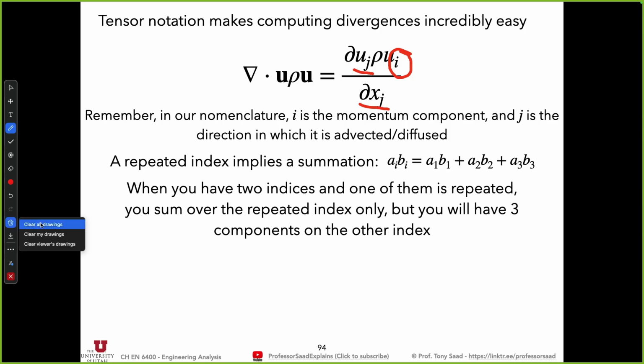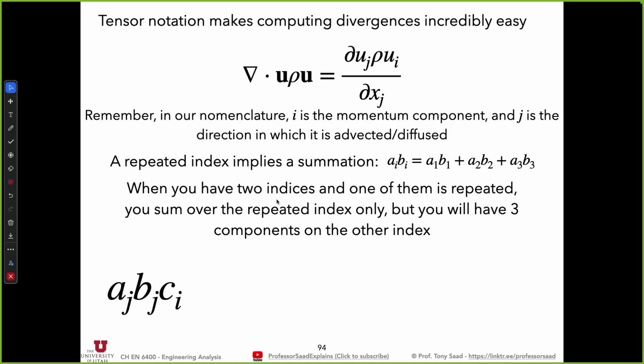Another way of saying this is that I'm going to have three versions of this, one for each value of i. Remember, i goes from 1 to 3. So for i equal 1, I'm going to have a repeated summation over j. For i equal 2, a repeated summation over j. And for i equal 3, also a repeated summation over j.